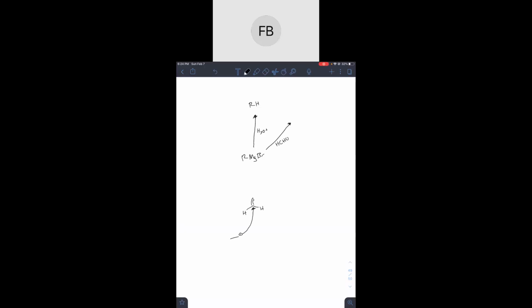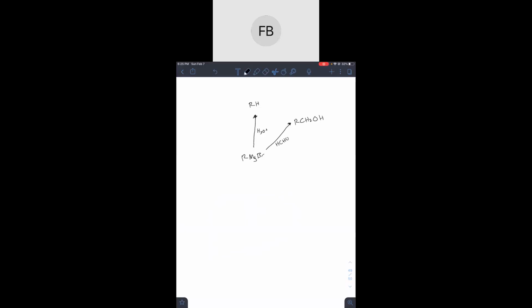It's going to attack here, this is going to go up, and it's going to create an OH. So for the answer, he says that it makes R, and now it also has that carbon attached to the two hydrogens, but that O is now attached to an H of its own because it becomes an alcohol. All right.